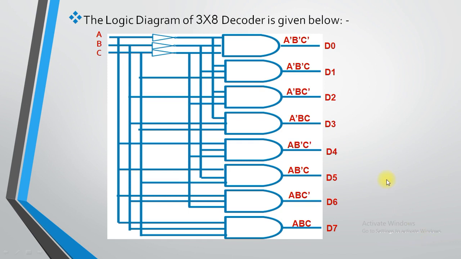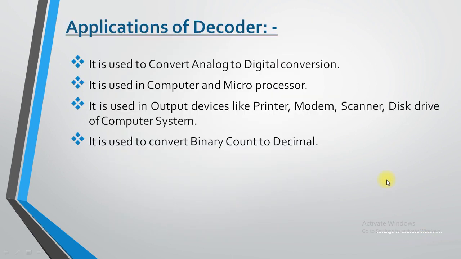Now let us understand the fields or applications of the decoder. Decoders are generally useful when you want to convert analog to digital signals, right? At that time decoders are used. Even in the computer system, and they can be used with microprocessors.